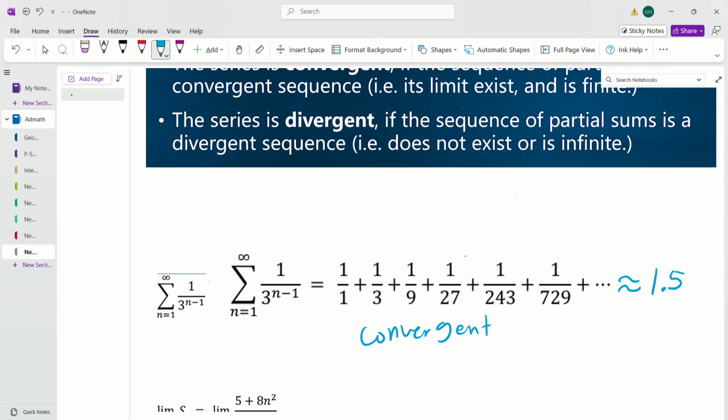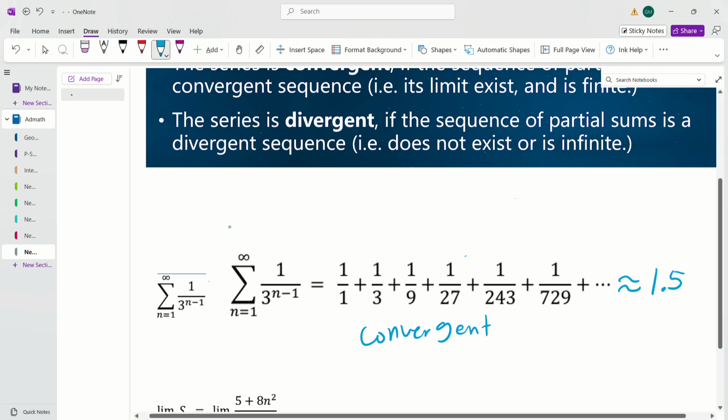It also corresponds to the limit. Whatever the value is of the partial sum, it is also the limit of this series. And since there is a limit, we can say that the series, our given example here, is convergent.